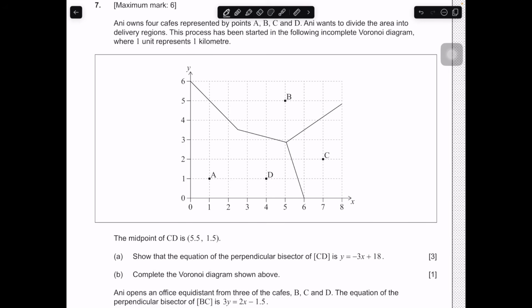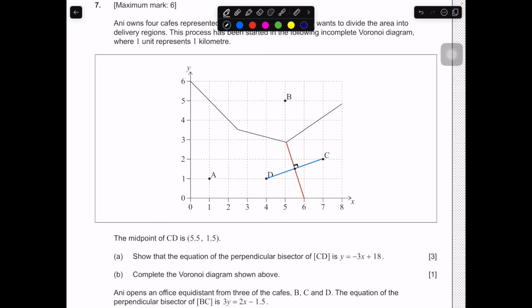So let's go ahead and draw a line between, I'll use a different color, the line between C and D. We want to find the perpendicular bisector, that is to say the line running through in this case. Perpendicular means, of course, that it's going to intersect at a right angle.